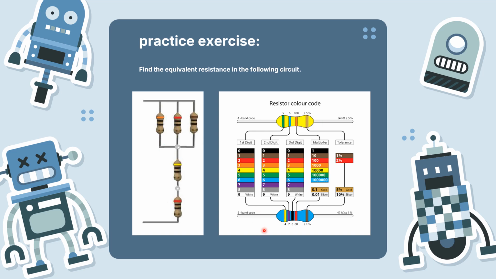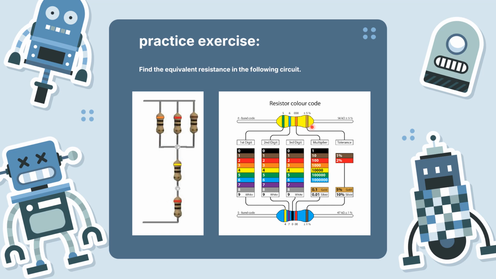But in 5 color resistors, the first 3 colors represent numbers which we must find and write from the colors here, and the fourth, for example this one here is red, represents the number of zeros, and the last color represents the tolerance.